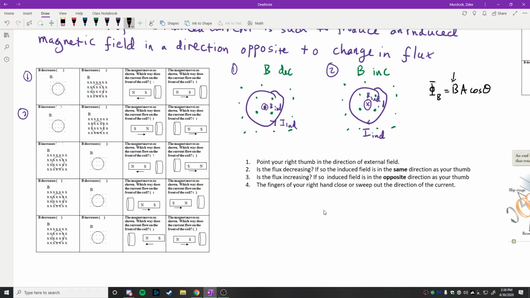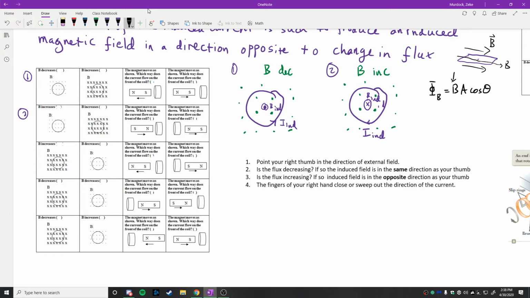If the area of the loop were to grow, the flux would increase. If the area of the loop were to get smaller, the flux would decrease. You could also have a coil placed inside of a magnetic field, where the magnetic field points in this direction, so that it is basically parallel to our loop.